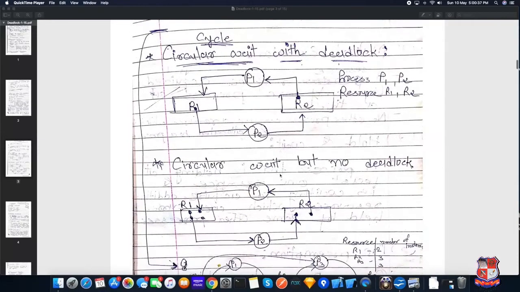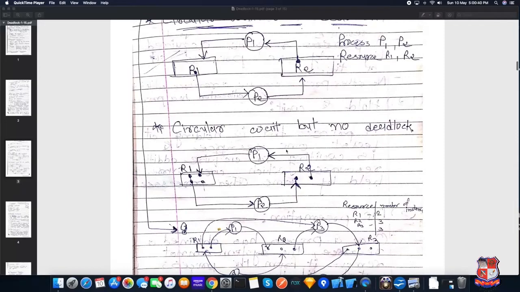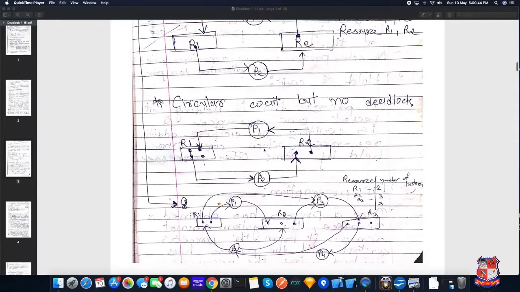Okay, and my next point is circular wait but no deadlock. This diagram is similar to the above, with the same 2 processes and 2 resources P1, P2 and R1, R2. But R1 consists of 4 instances and R2 consists of 2 instances.